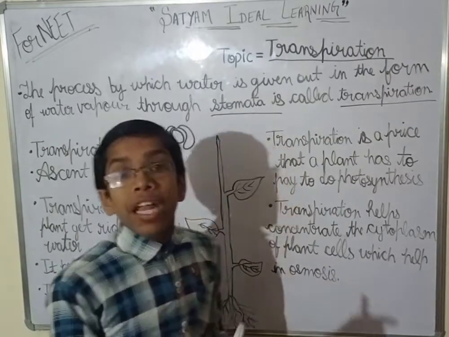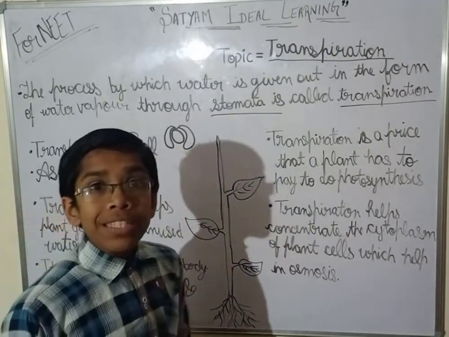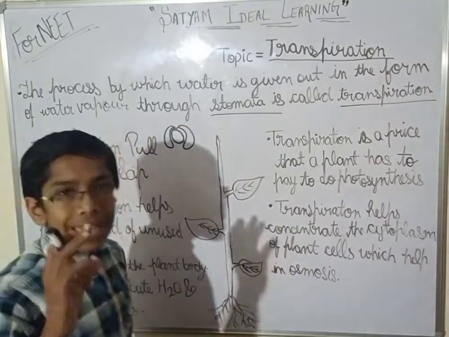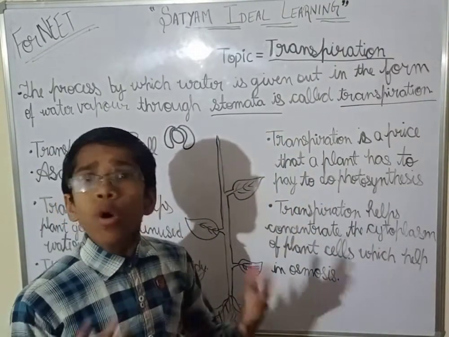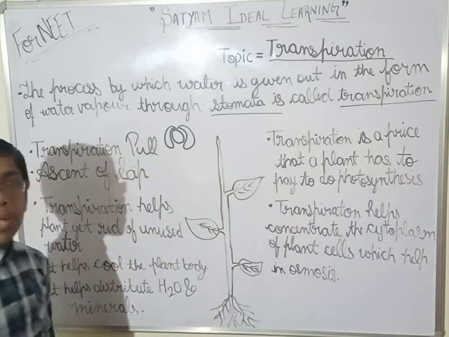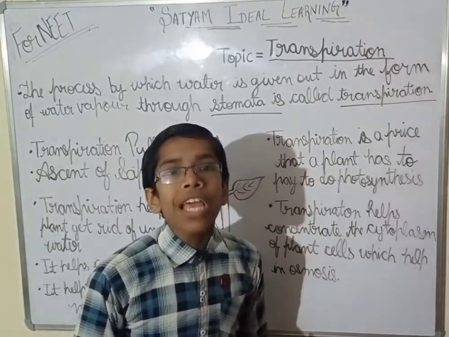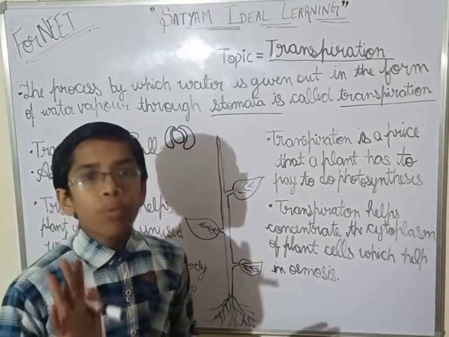Now how? In the daytime, the glucose concentration is more within the guard cells. In the process of osmosis, we have learned that only the solvent moves, from high concentration to low concentration.